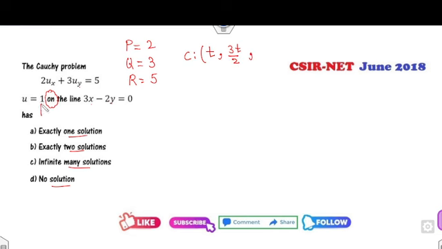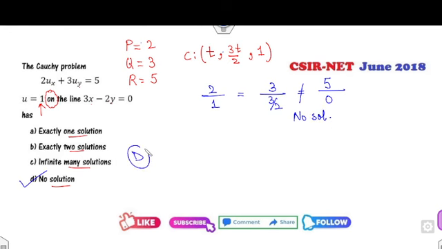And the value of the U is my 1. Can you define the curve? That is, compute the value of the P, Q, and R on this curve divided by its derivative. 3 over 2, 0. They are not equal. That means no solution is the right answer of this problem.